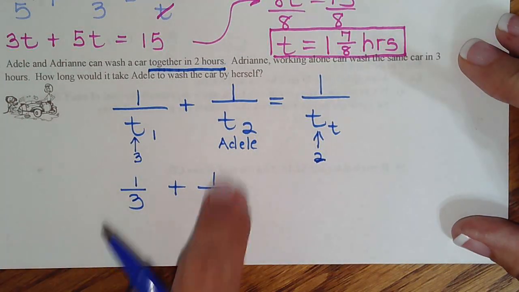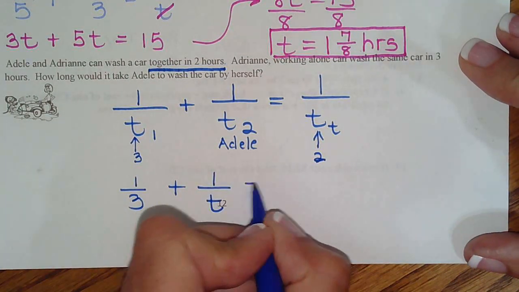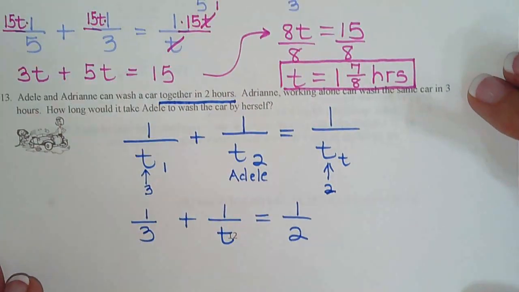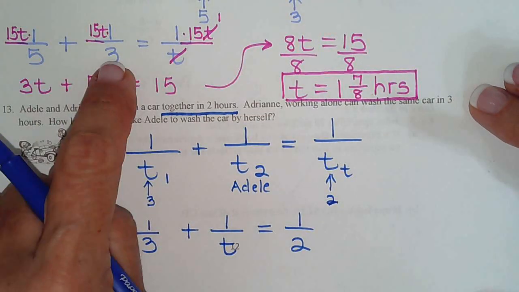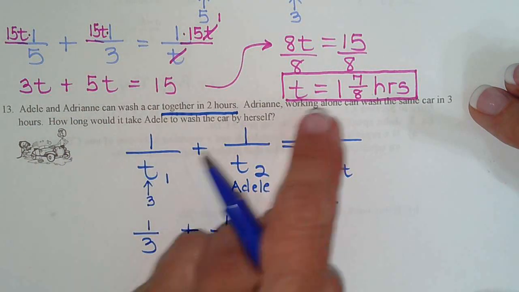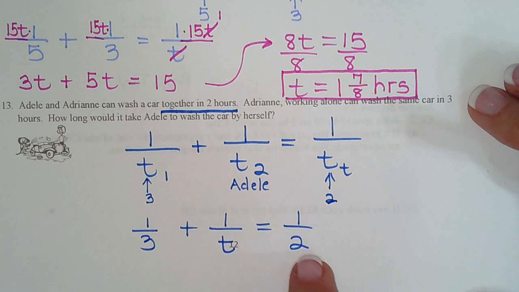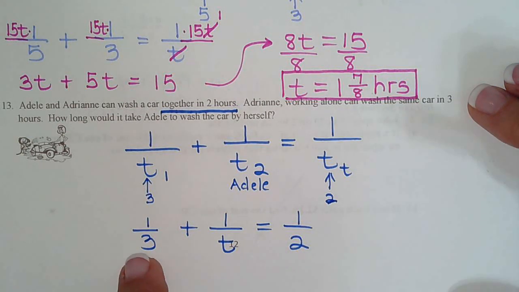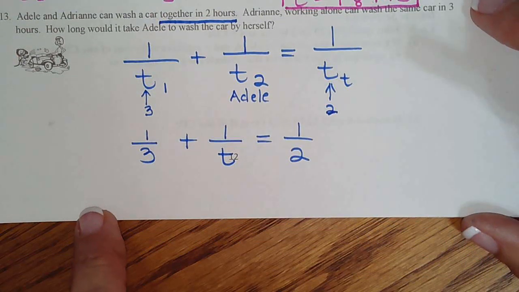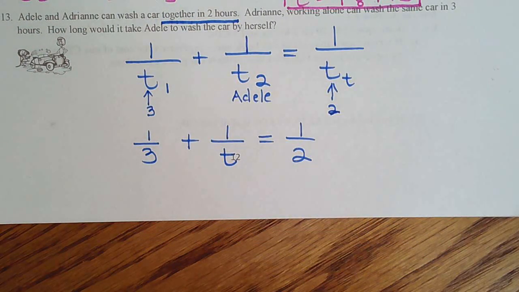Then you have equals 1 over 2. So it's just barely a little bit different than the one before. The one before, they gave you their 2 alone times, and they asked you for their together time. This one, they gave you the together and one of the alones. So now you need to solve for Adele's alone time.